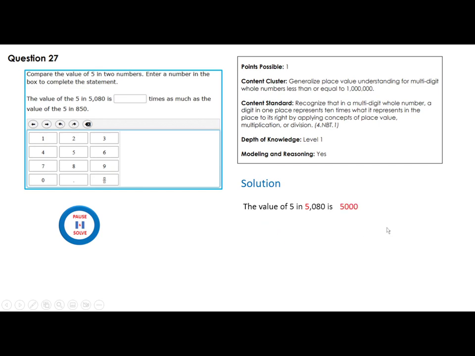It's 5,000, right? What's the value of 5 in this number? It's 50. How much greater is this? 100 times, right? That's it. See, this question is straightforward. Or 50 times 100 gives you 5,000.